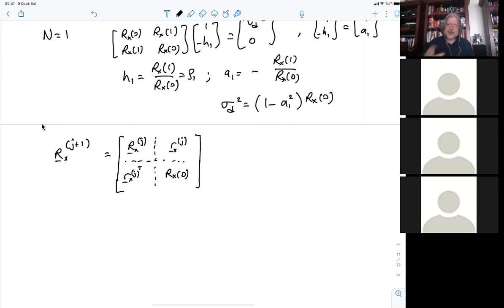So now this new matrix becomes j plus 1 by j plus 1 in size.